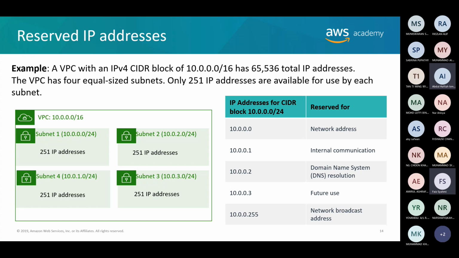So 5 dia reserve, so tinggal 251 yang kita boleh guna untuk attach pada instance yang ada dalam group kita ni. Okay. So yang ni AWS punya rules lah.